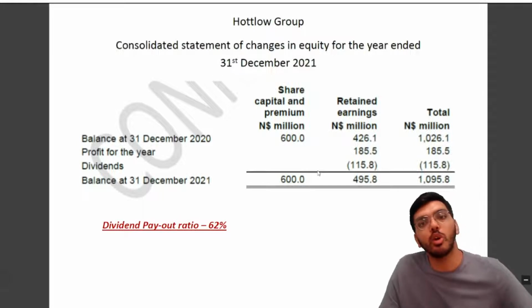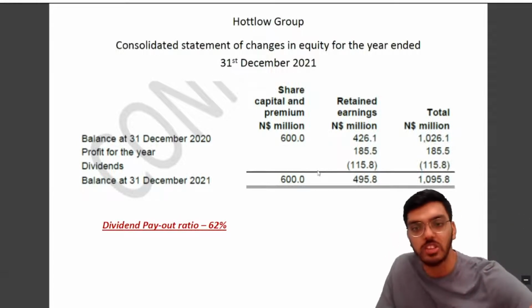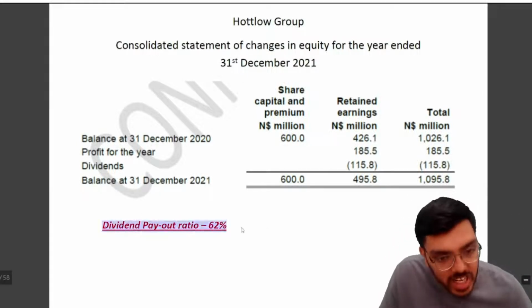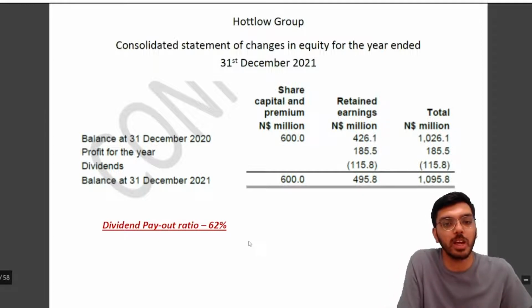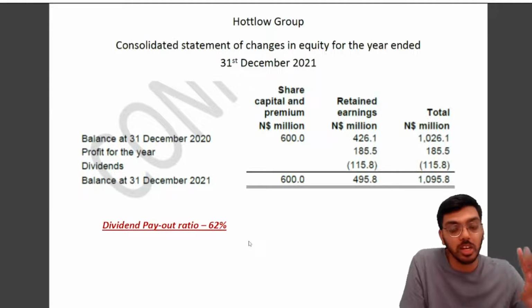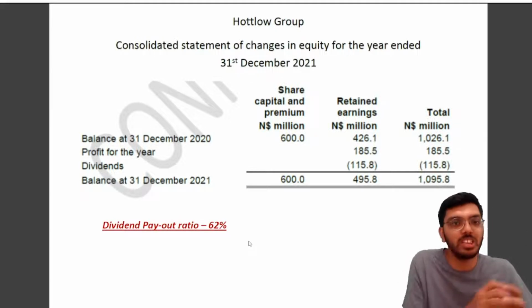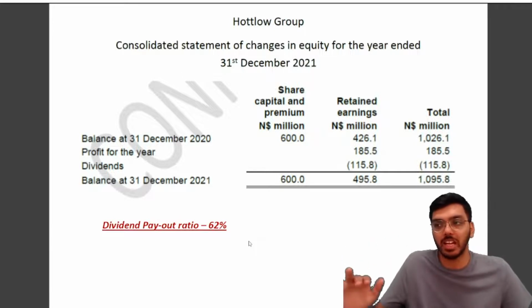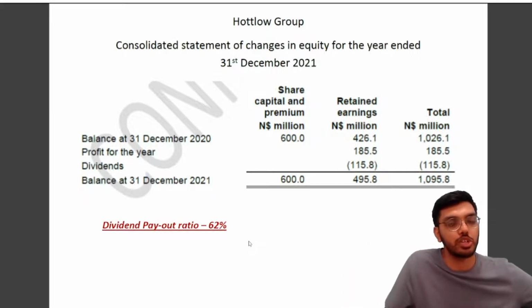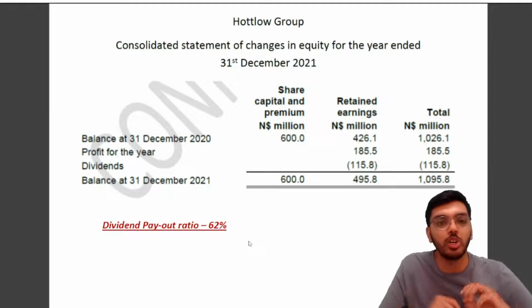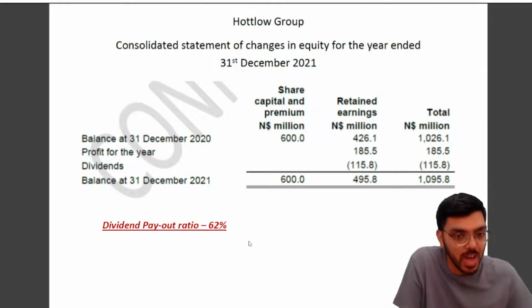Same way, for Hotlo's statement of changes in equity, their dividend payout ratio is coming up to approximately 62%, as opposed to ours of 30%, which means we are keeping more in the business rather than paying it out, so that we are ready for any opportunities, we are ready for any untoward things that come up in the environment.